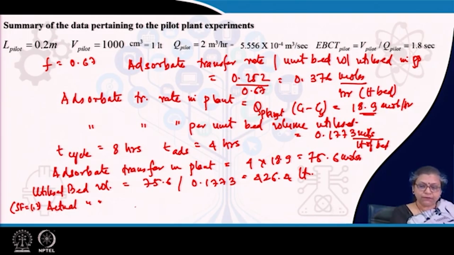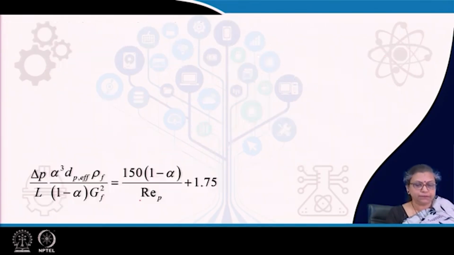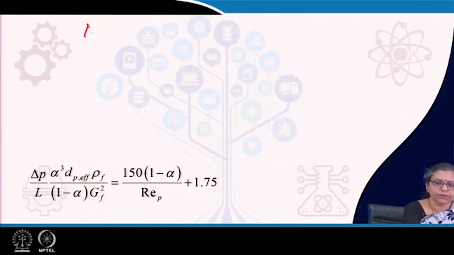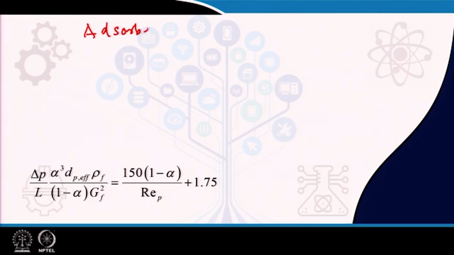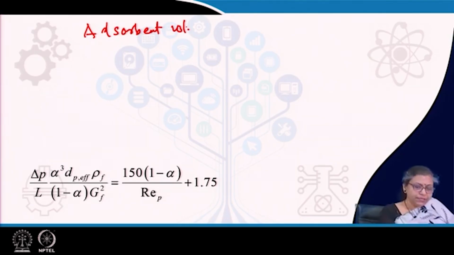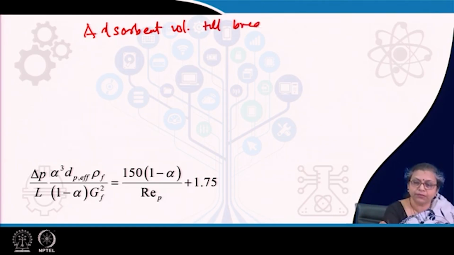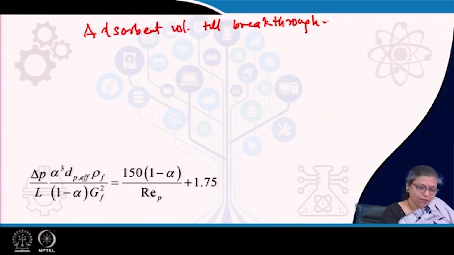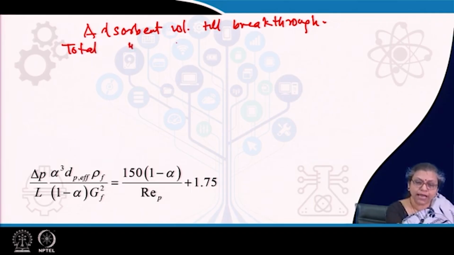So, we can find out the adsorbent volume which is necessary till breakthrough, and once we can find this out, we can also find out the total adsorbent volume to be provided.